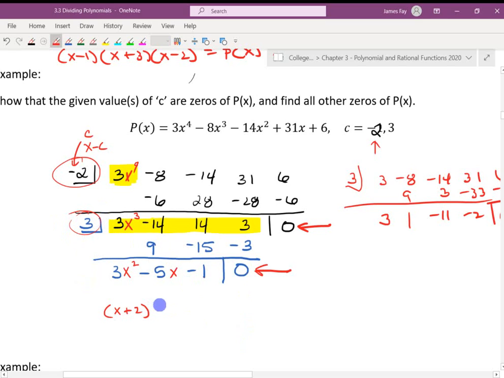So x minus that would be a factor. And then our other factor that we currently have here would be the 3x squared minus 5x minus 1 equals, oh, not 0, p of x.